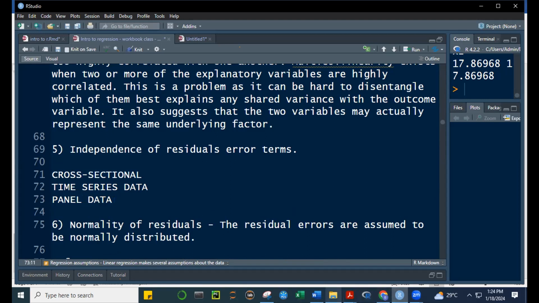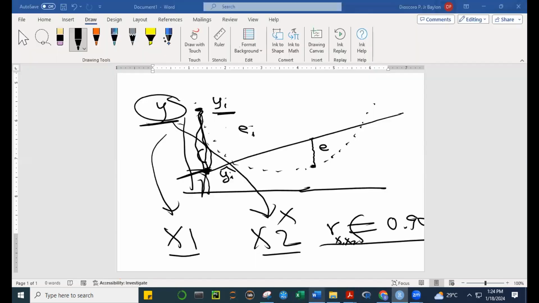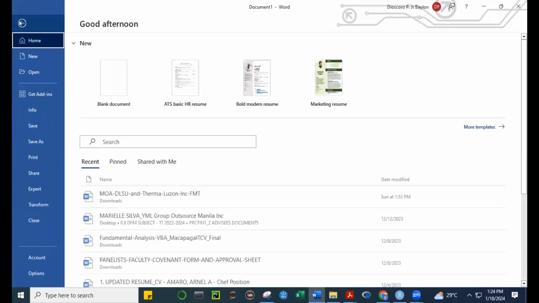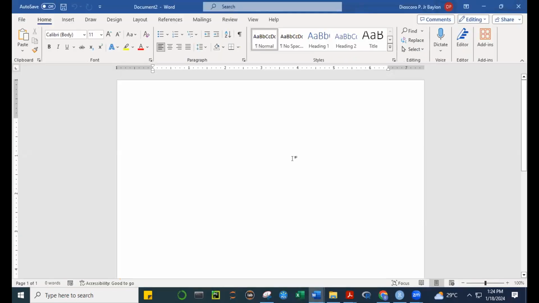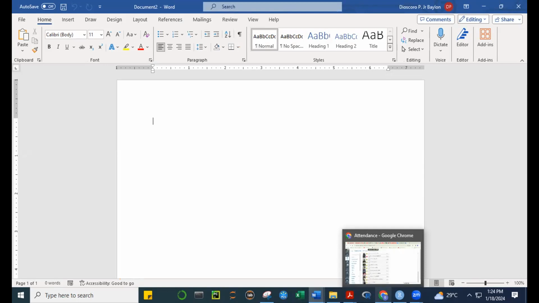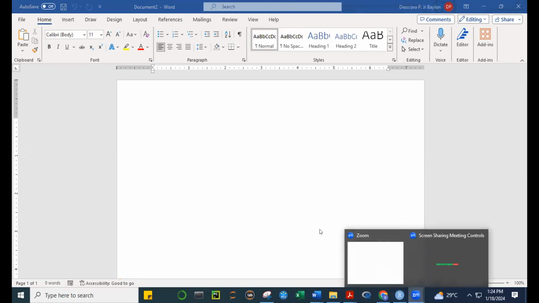What's the difference between cross-sectional, time series data, and panel data? Anyone? Any volunteer?